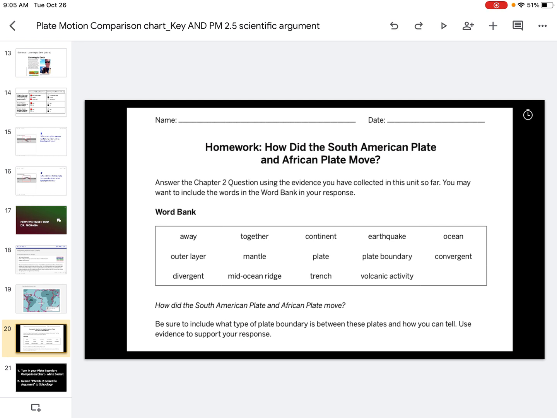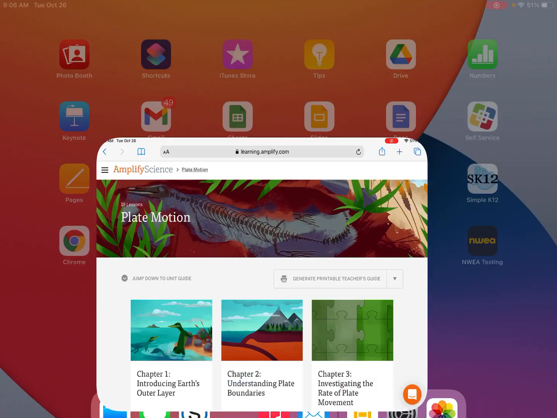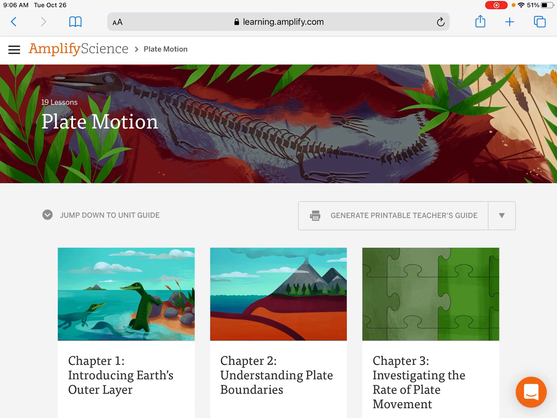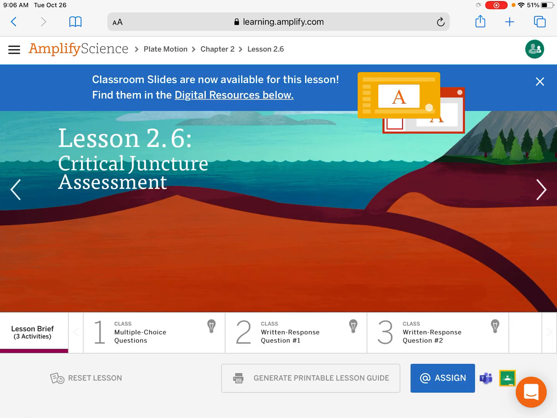Okay, so you're going to go ahead and turn those 2 things in, and when you're finished, the only thing that we did then today is the kids logged on to Amplify, go to lesson 2.6, and this is a critical juncture assessment.